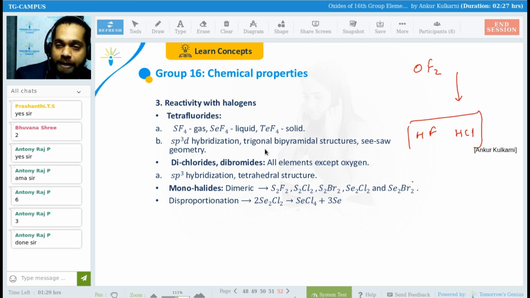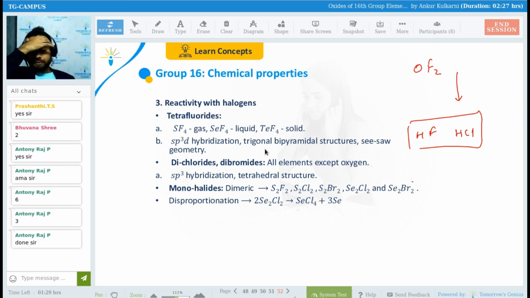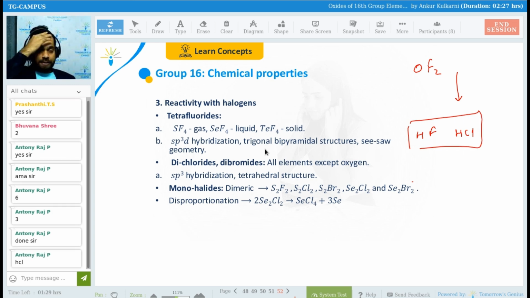Rahul, which will be a stronger acid? HF or HCl? Using the same logic. Yes, Prashansky, Sarjana, which one will be the strong acid?